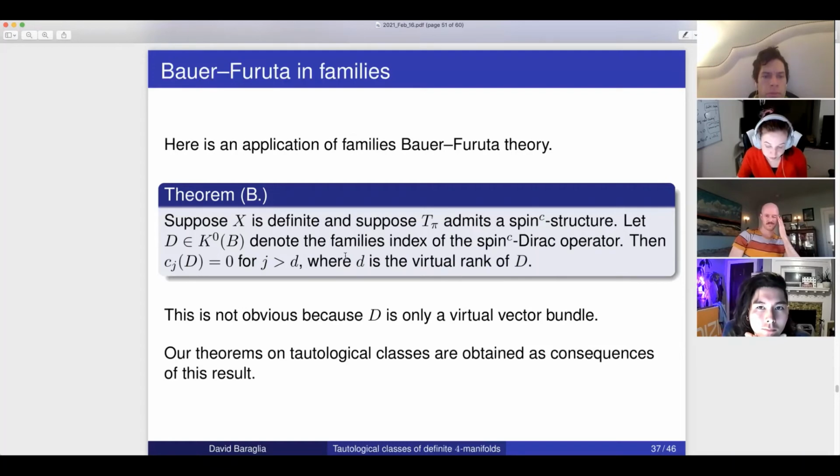This result looks very different. It doesn't say anything directly about the tautological classes, but these Chern classes are computed with Grothendieck-Riemann-Roch, and so indirectly they give you some relations on various fiber integrals, and then that gives you some relations on tautological classes.